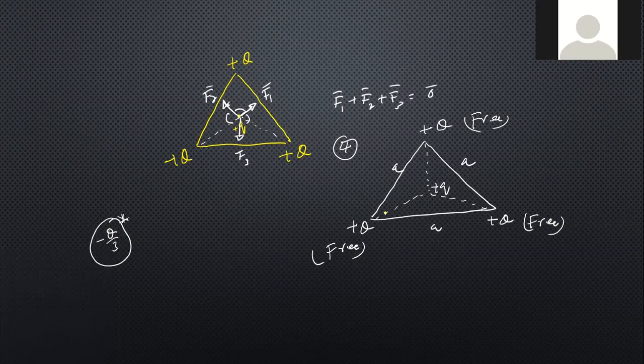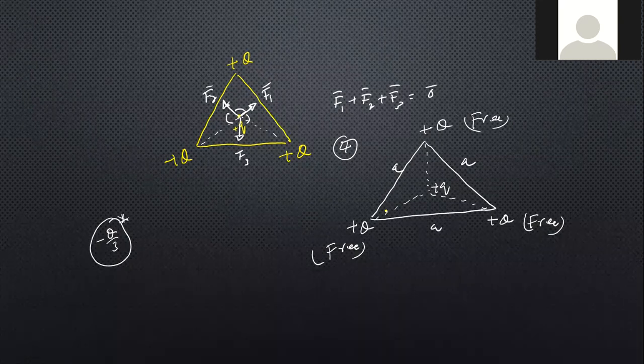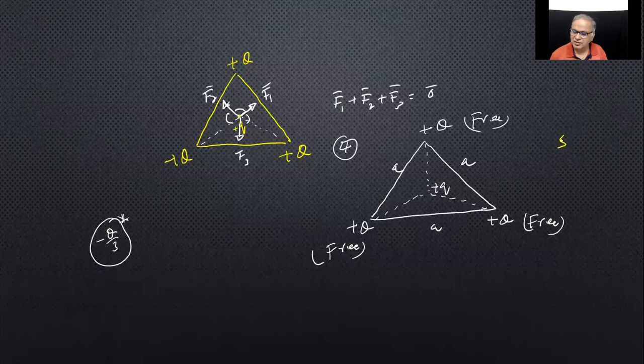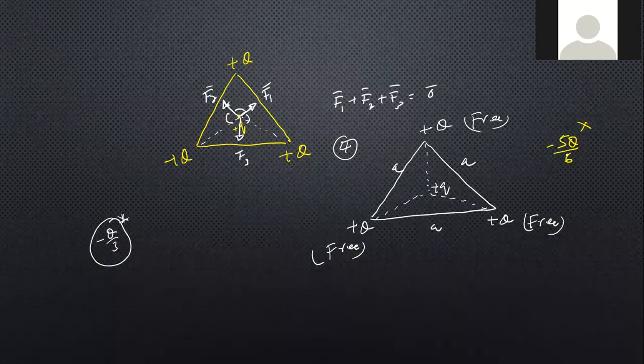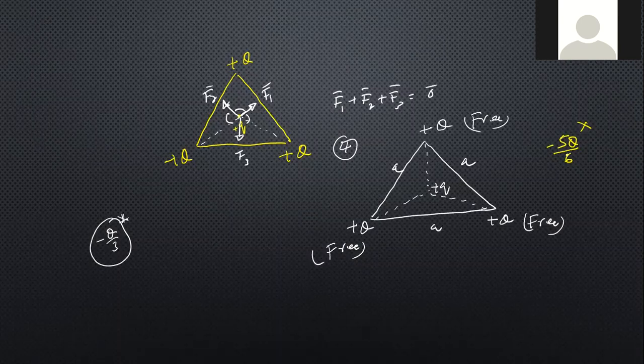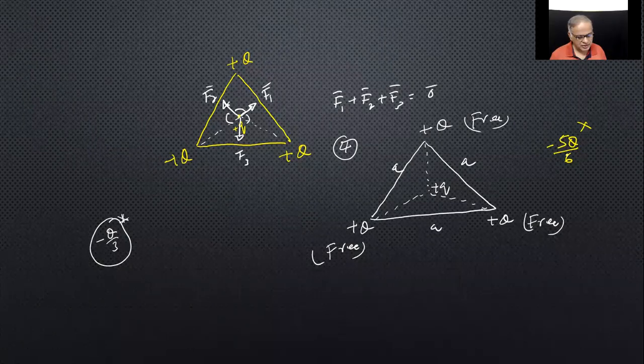Is it minus 5q by 6? On what basis? No, instead of telling me the answer, tell me how you proceeded. That's what you are keeping a secret for yourself. That's why no improvement is happening.